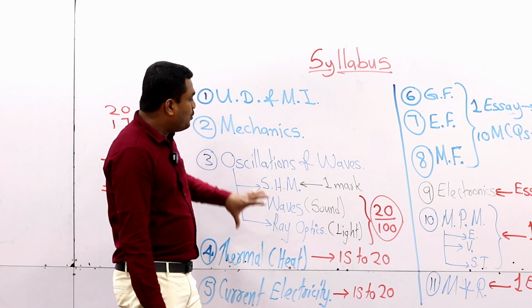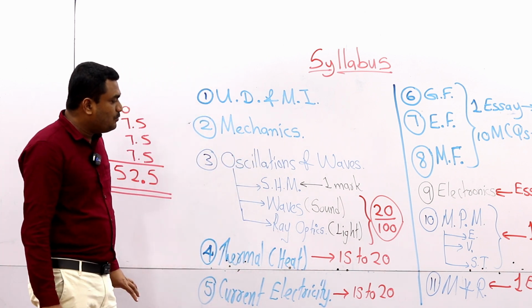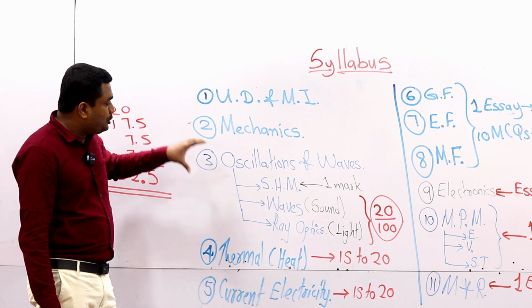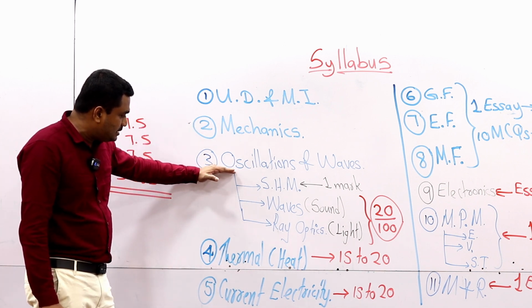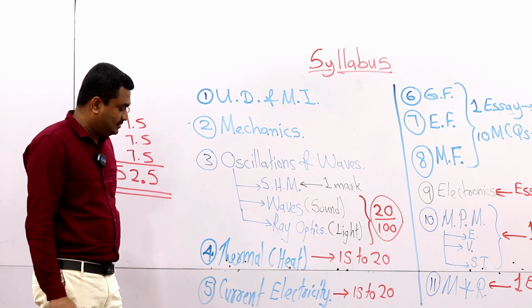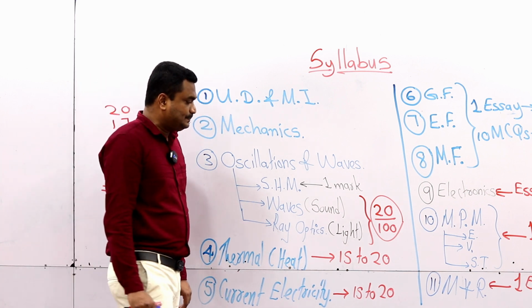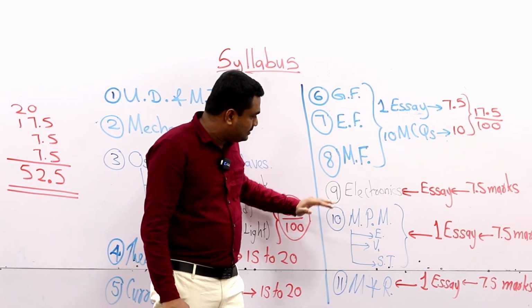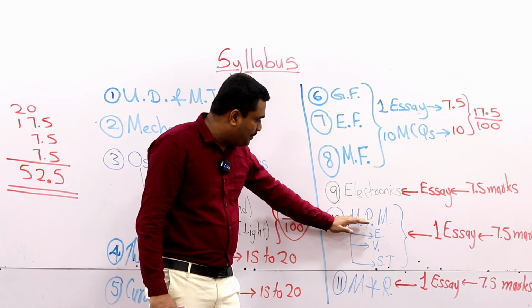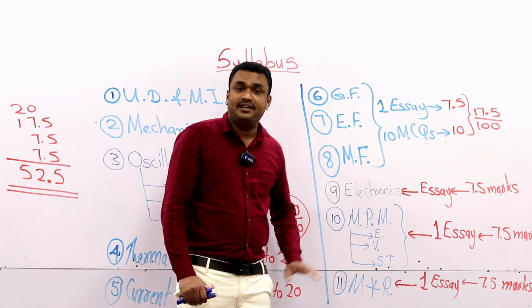Therefore, when you learn physics, you should give more attention and more time to oscillation and waves, thermal physics, current electricity, then the fields lesson, electronics, mechanical properties of matter, and matter and radiation.